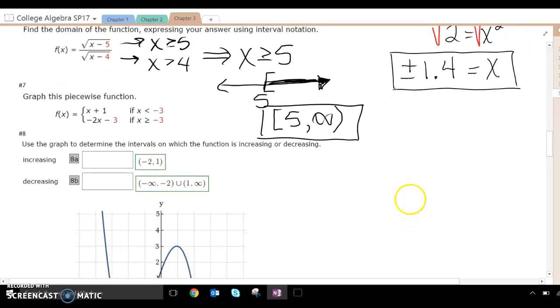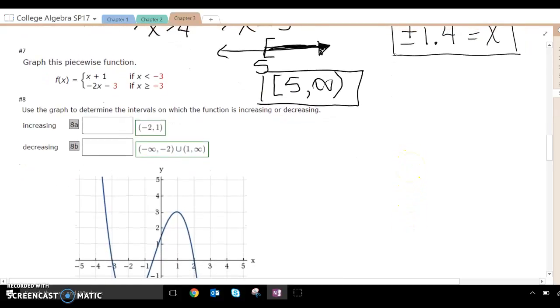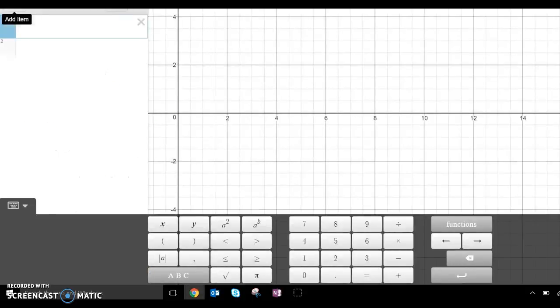Okay, looking at number 7, it says graph the piecewise function. So I'm going to flip over to Desmos, which is my online grapher, and graph this so we can look at it. I'm going to input both of my functions.